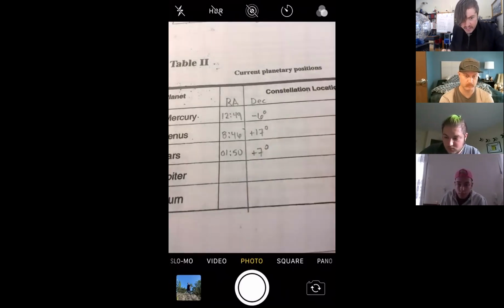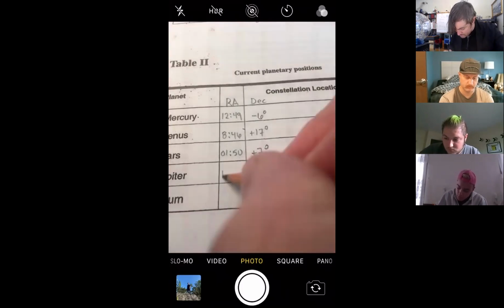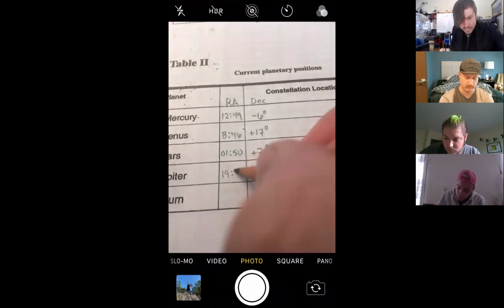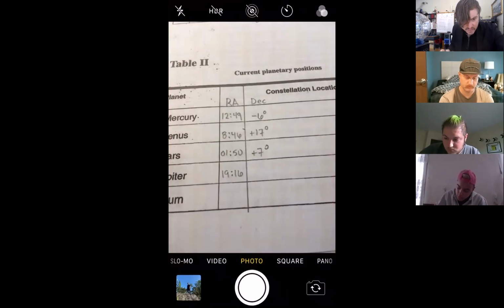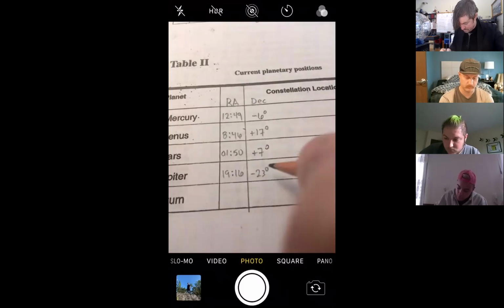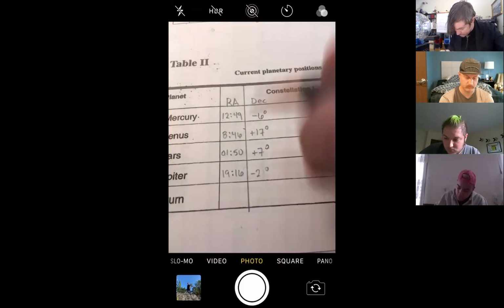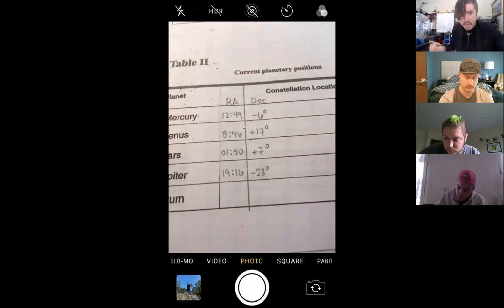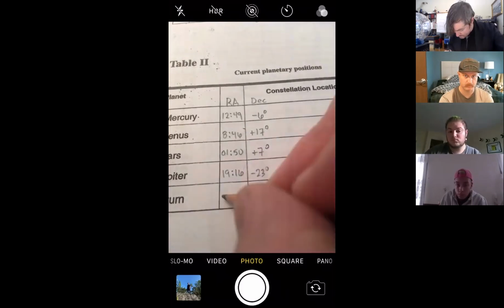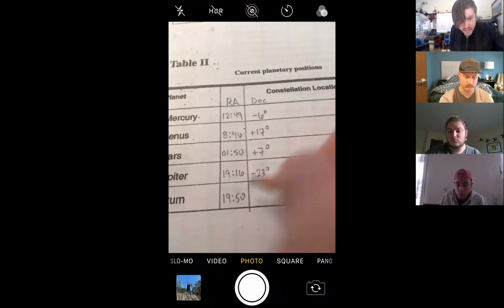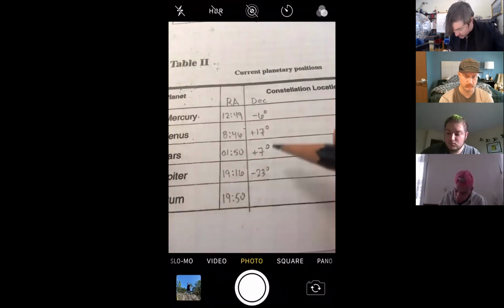Jupiter is 1916 and -23 degrees. Sorry, that's pretty small handwriting there. I should have made this bigger. 1950 for Saturn and -21 degrees.